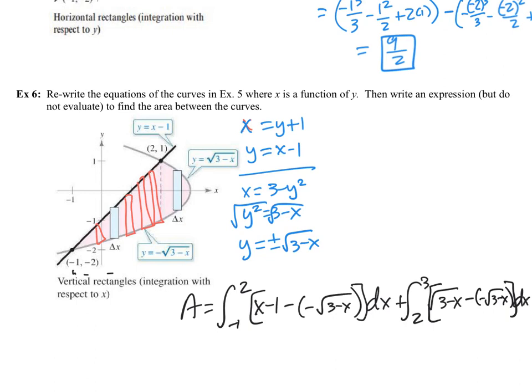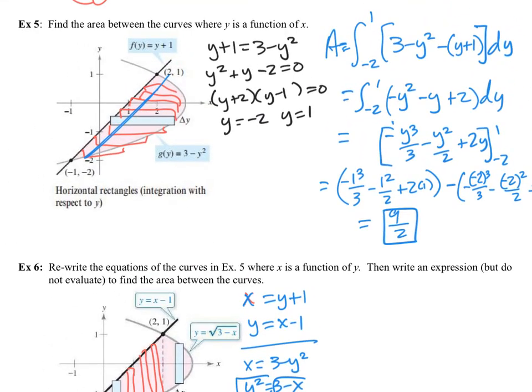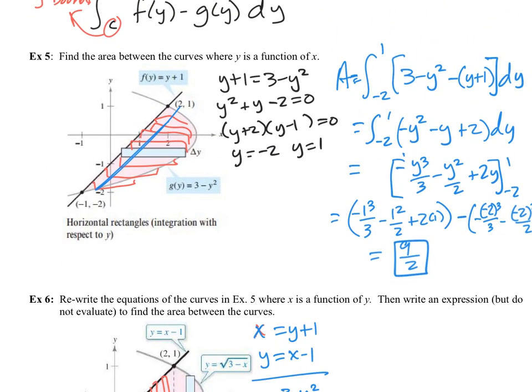All right, so we're not going to find these integrals and evaluate, but if we did, we would end up with this being equal to 9/2, which was the same answer that we got in the last example. Okay, so I just want to point out that when you have a situation where you have a rightmost curve and a leftmost curve, it's going to be a whole lot easier to integrate in terms of y.